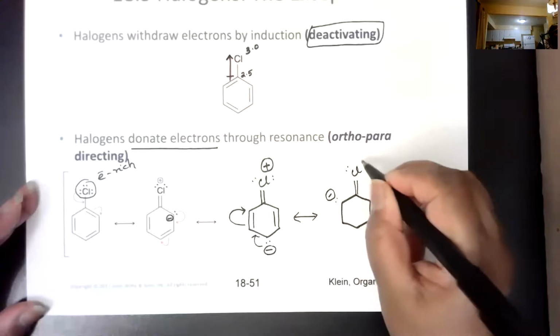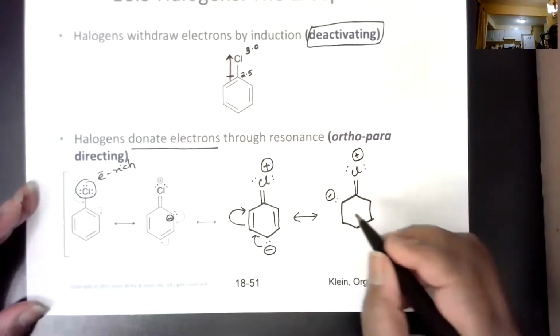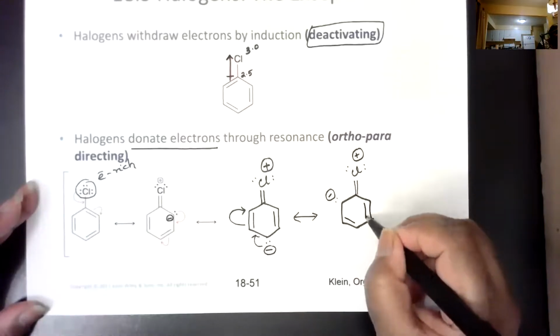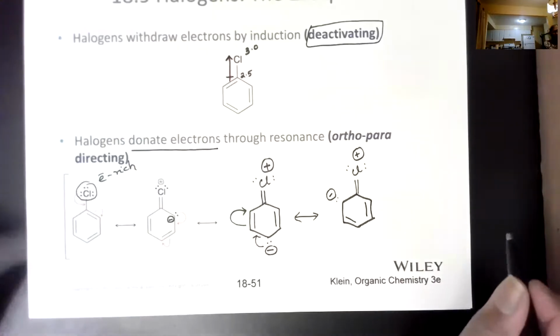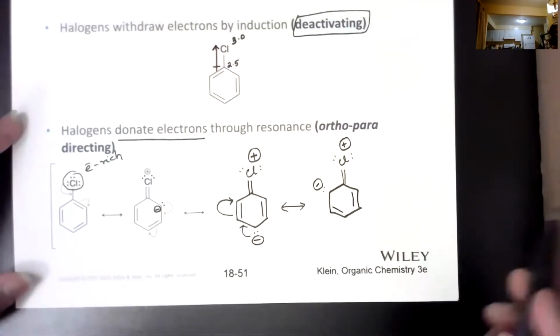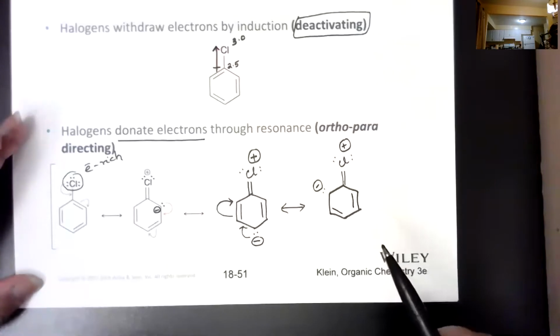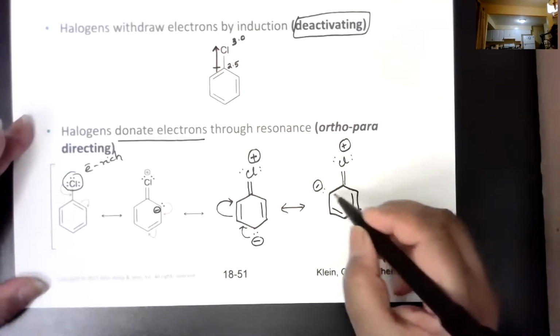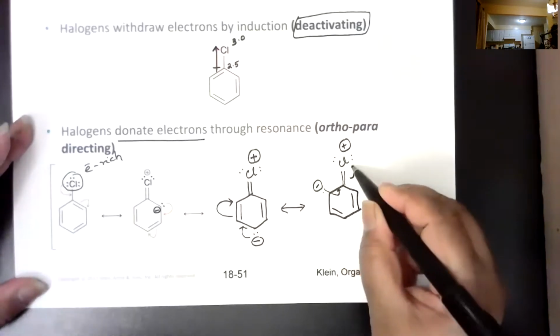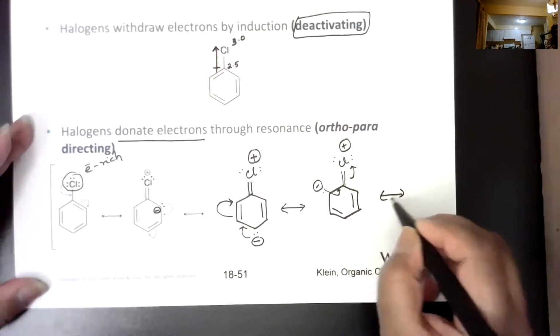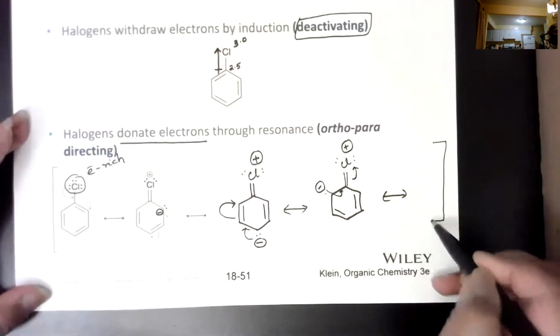Nevertheless, I always talk about it when I do this section. Okay. So this is an electron-rich ring. And of course, you can draw the last one, and it'll give you the original structure. I'll let you finish that.